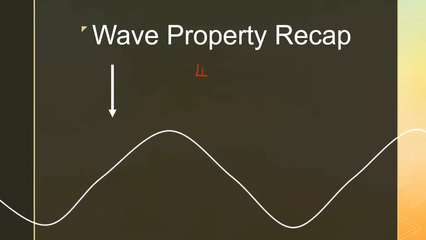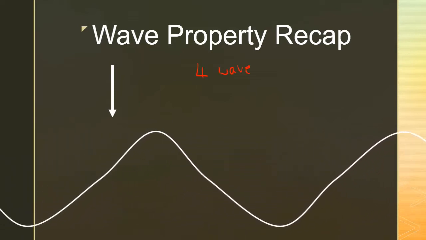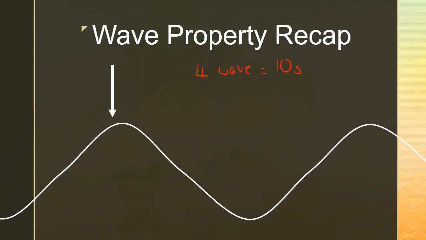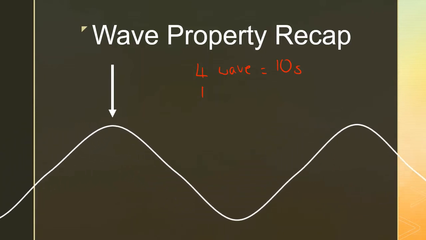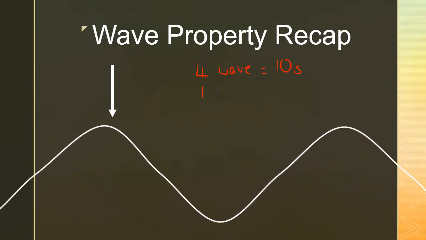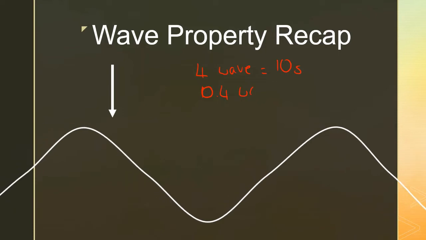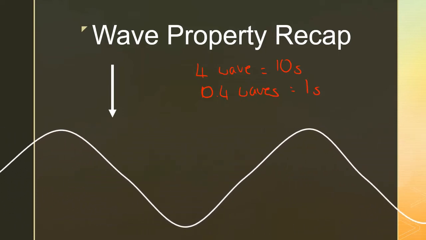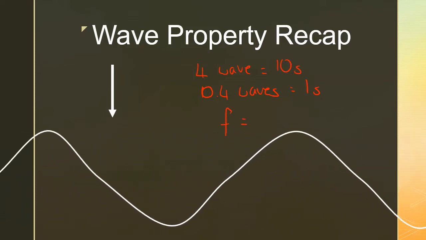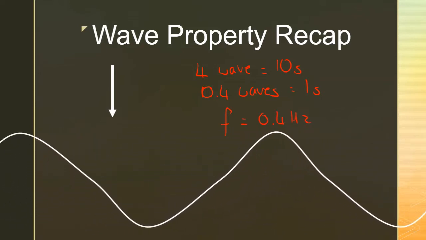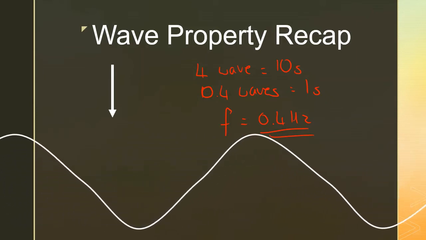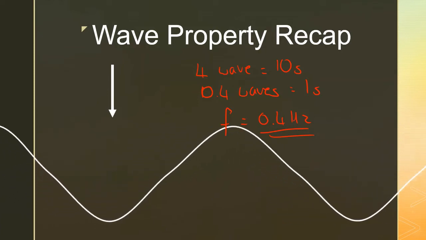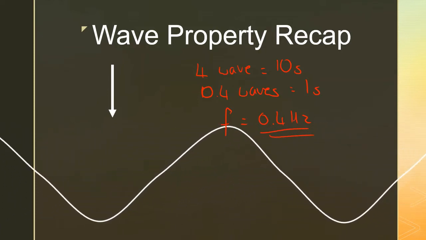So if we've got 4 waves being equal to 10 seconds, then we're going to have 0.4 waves in 1 second, i.e. the frequency is equal to 0.4 hertz. So the frequency of this wave is 0.4 hertz because we're getting 0.4 waves passing our point every second.